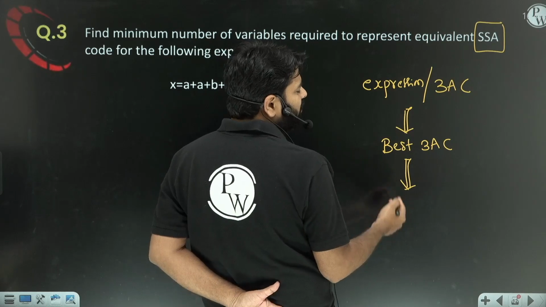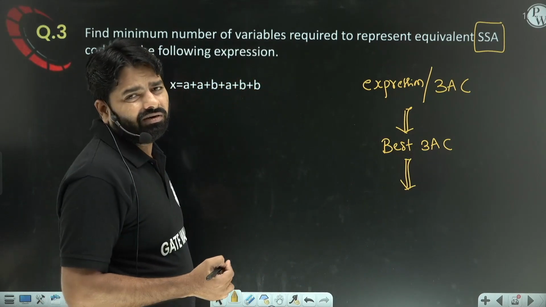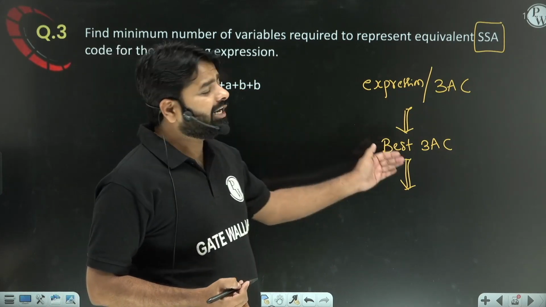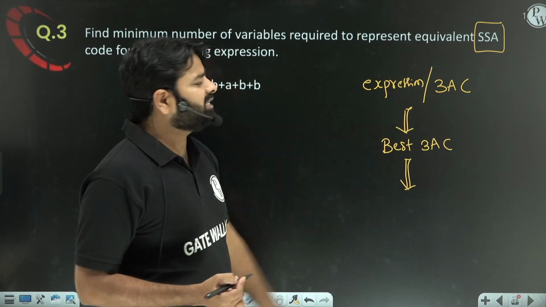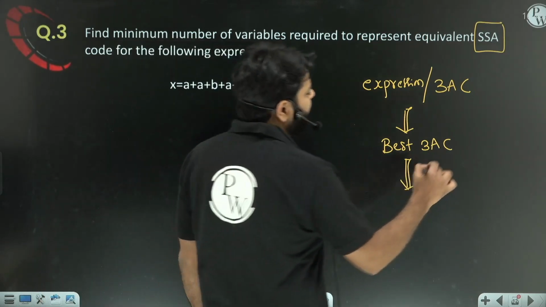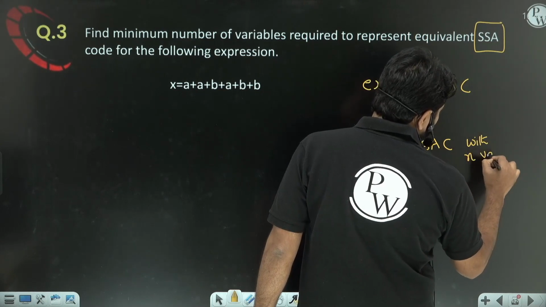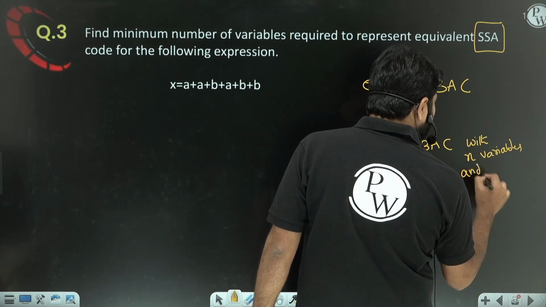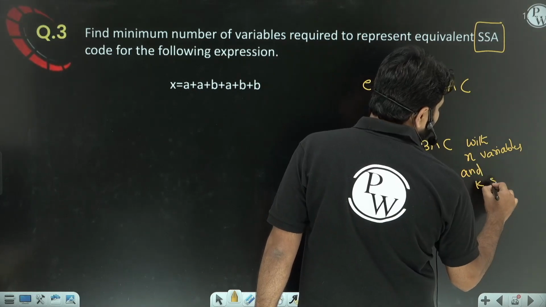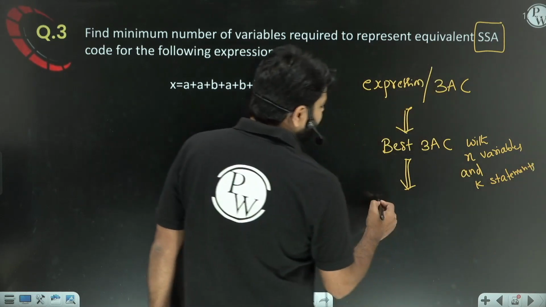What is SSA code? If this best 3 address code has, let's say, 10 instructions, then 10 additional variables are required. That's it, 10 additional variables. If the best 3 address code has, let's say, n variables and k instructions, k statements, then what happens in SSA code?